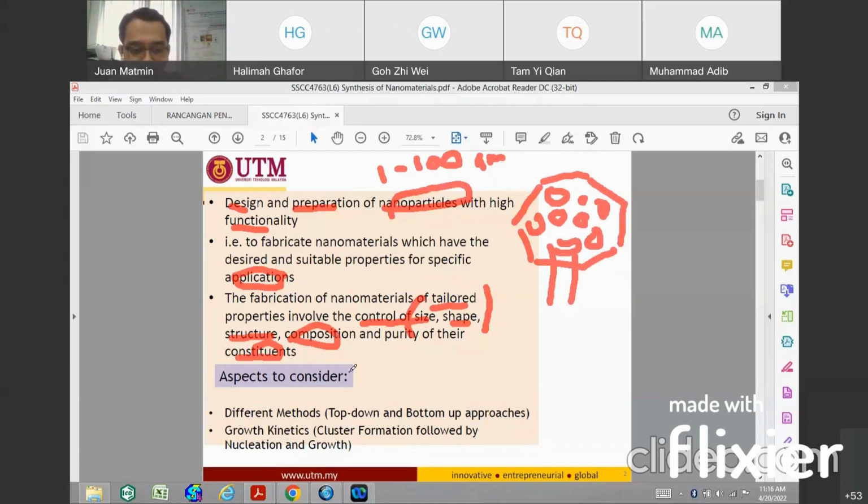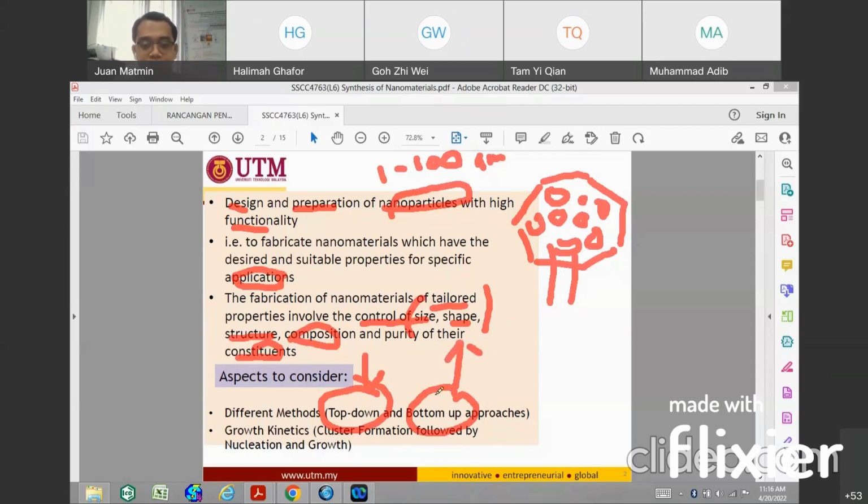Because of the common way in the synthesis method, there are always two types: the top-down or the bottom-up approach. So even though the property is unique and small, in any approach you can always have the top-down approach, looking from top to bottom, or the bottom-up approach.